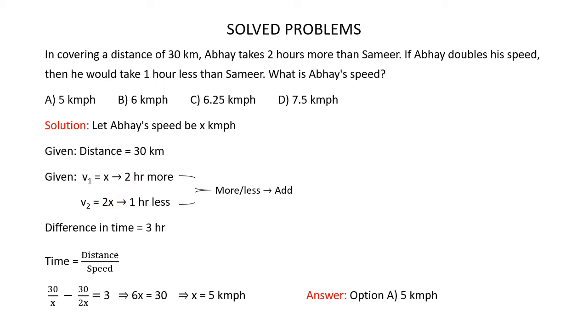We know that the difference in time is 3 hours. So 30 by x minus 30 by 2x is equal to 3. On solving this, we get x is equal to 5 kilometers per hour. So Abhay's speed is 5 kilometers per hour. So the correct answer is option A, 5 kilometers per hour.